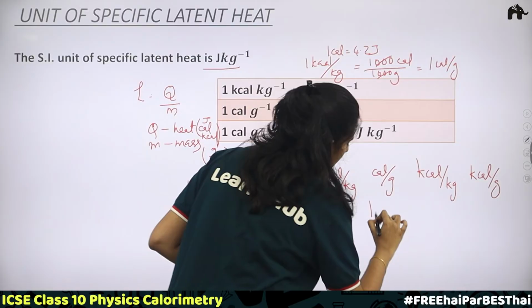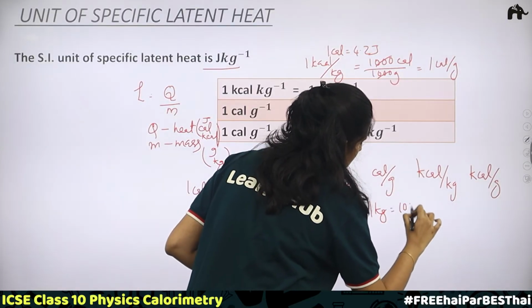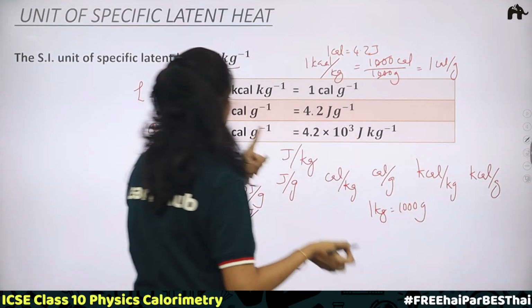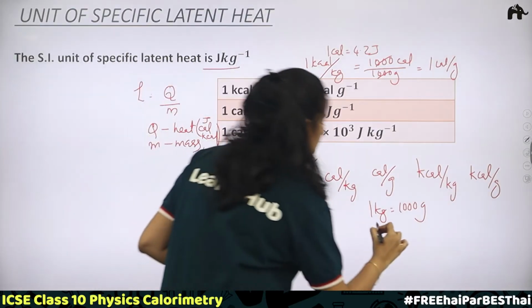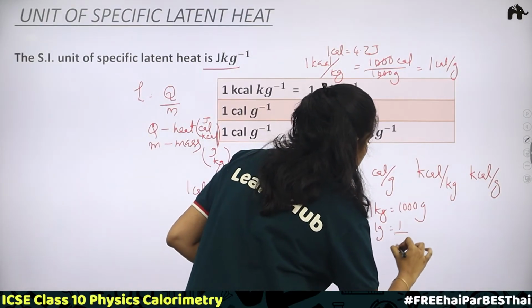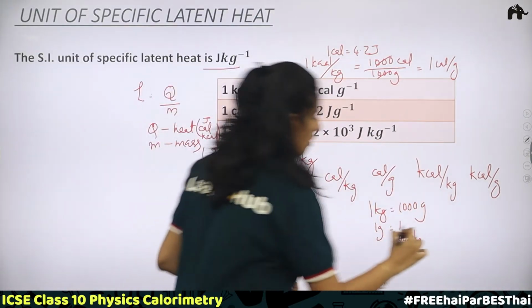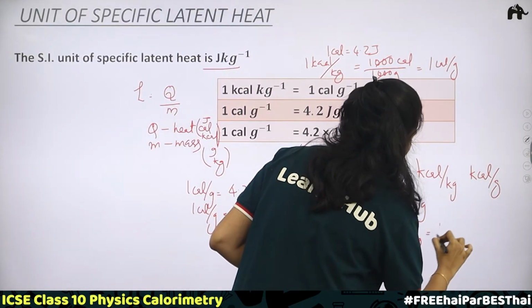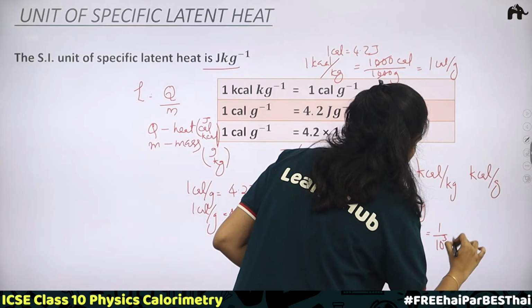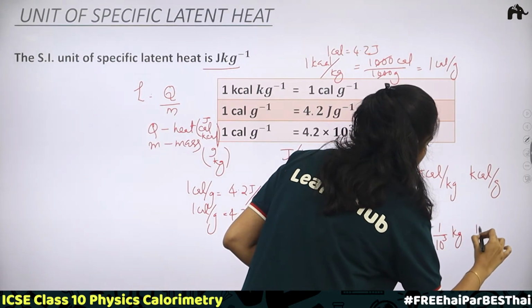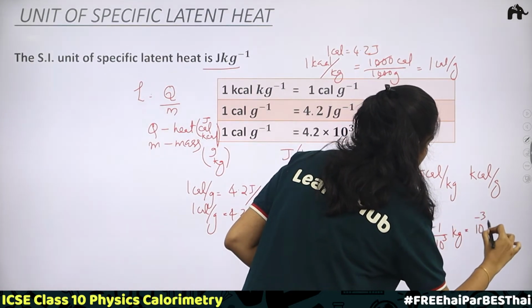If 1 kilogram is 1000 grams, then we have to convert gram to kilogram. 1 gram will be equal to 1 by 1000 kilogram, or that is equal to 1 by 10 raised to 3 kilogram, or 10 raised to minus 3 kilogram.